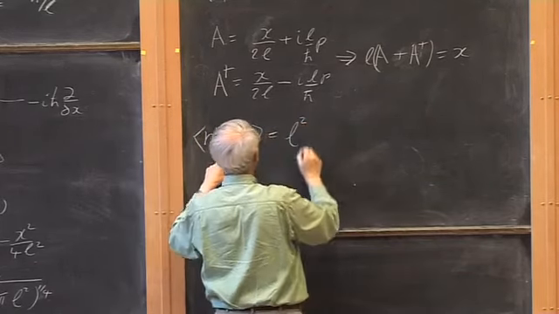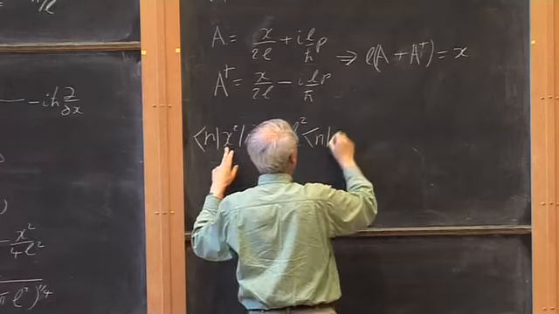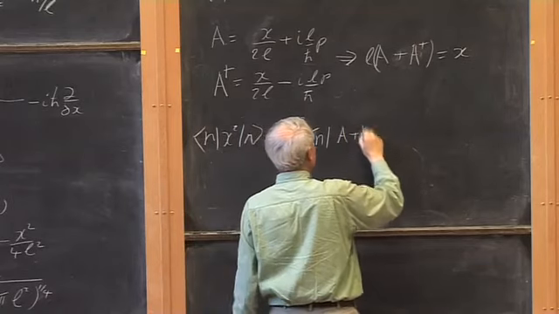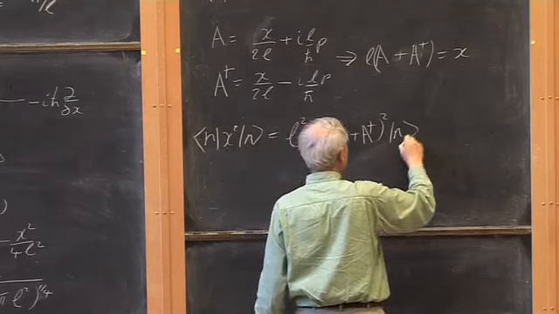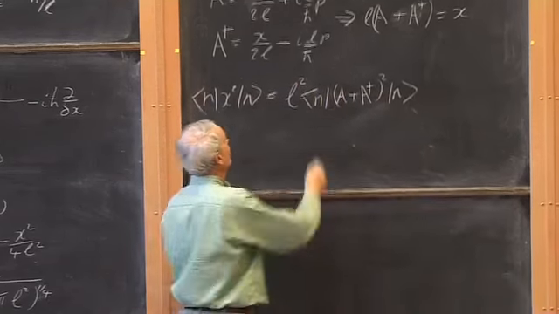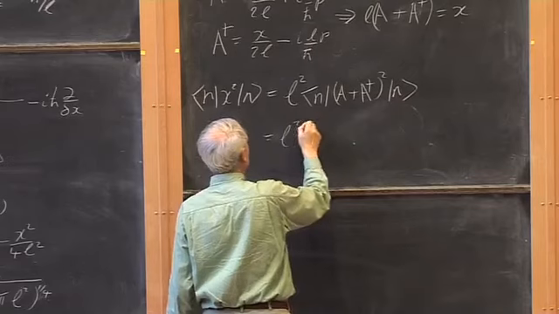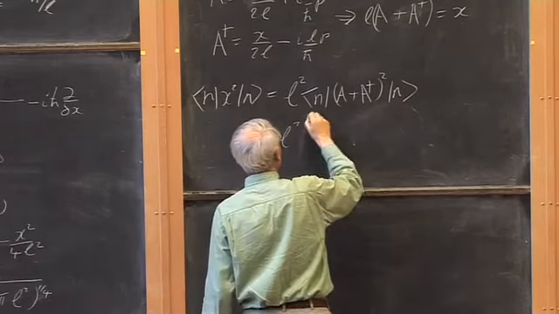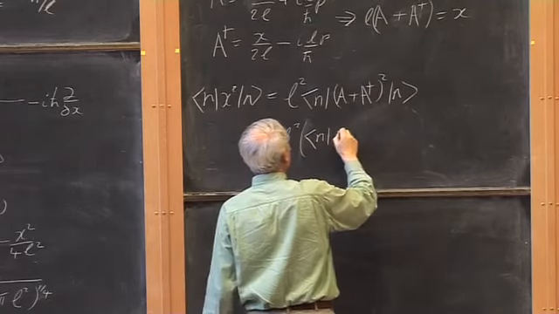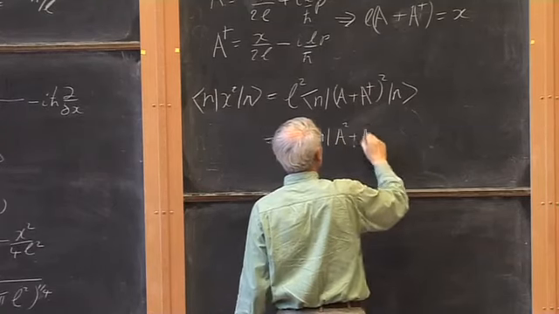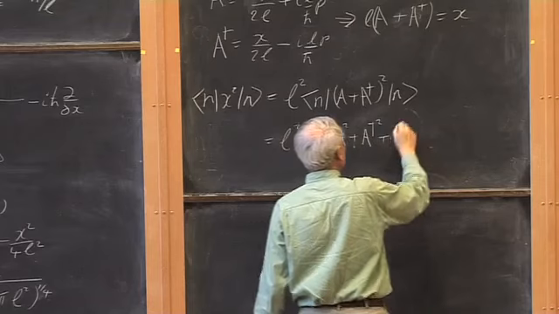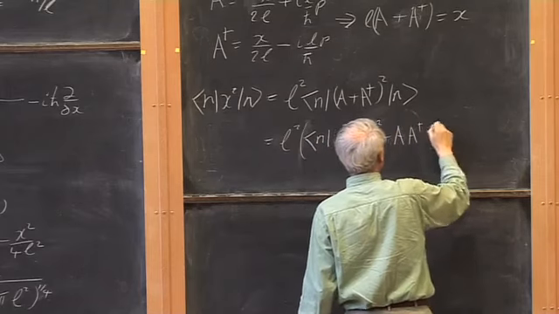L squared comes out because it's only a number, and I have n into A plus A dagger squared n. Let's multiply this out. It's L squared into n A squared plus A dagger squared plus A A dagger plus A dagger A.